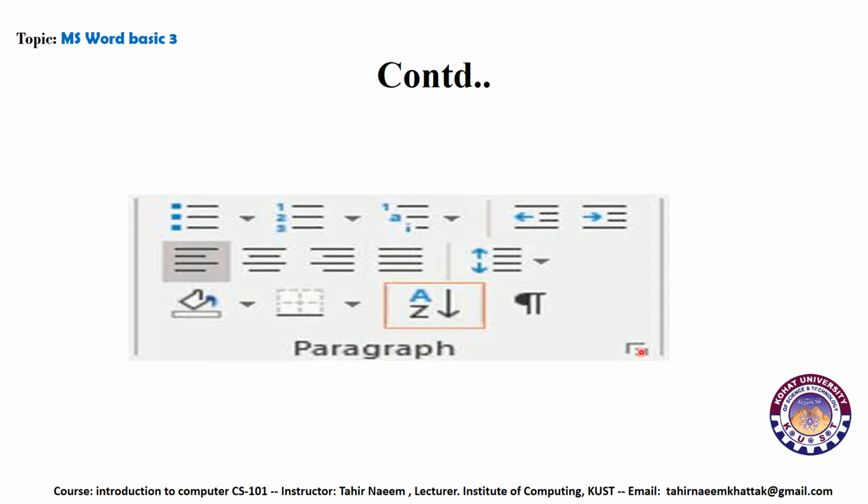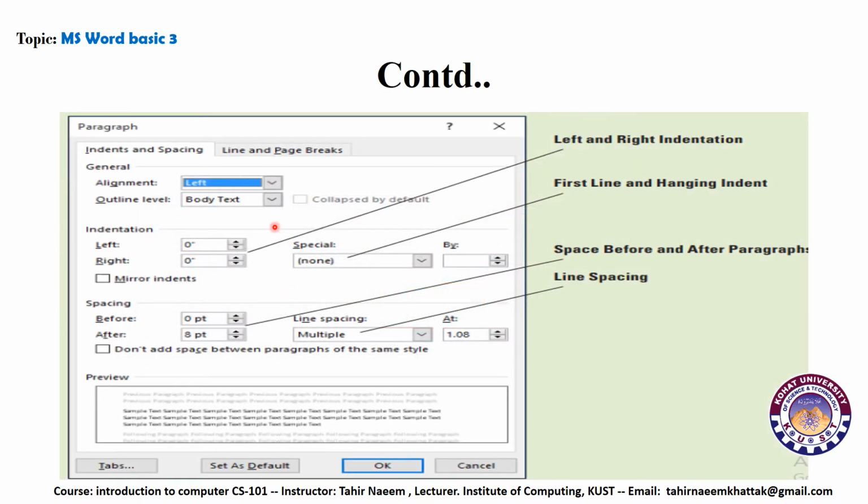If we click on the dialog box launcher, then this will appear. There will be two tabs available: Indents and Spacing, and Line and Page Breaks. Basically, as I have previously mentioned, this is the alignment and this is the outline level.